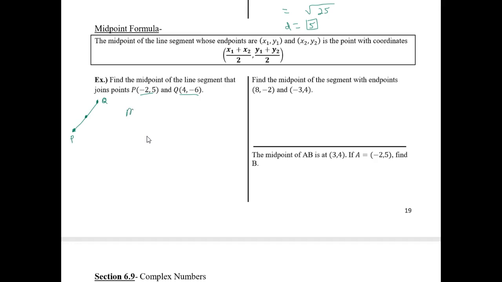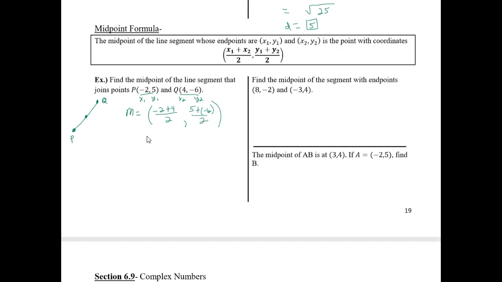So I'm going to use M for midpoint, and again, I'm going to take the x's, so x1, y1, x2, y2, add the x's together, -2 plus 4, divide by 2. That's half of our coordinate. Take the y's, 5 plus a -6, divide by 2.